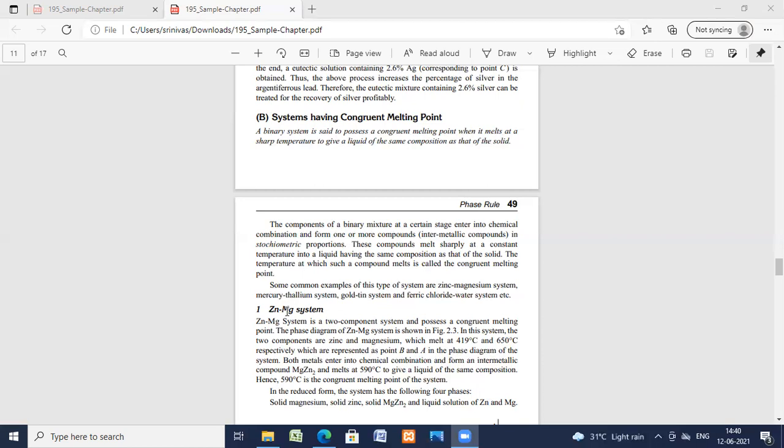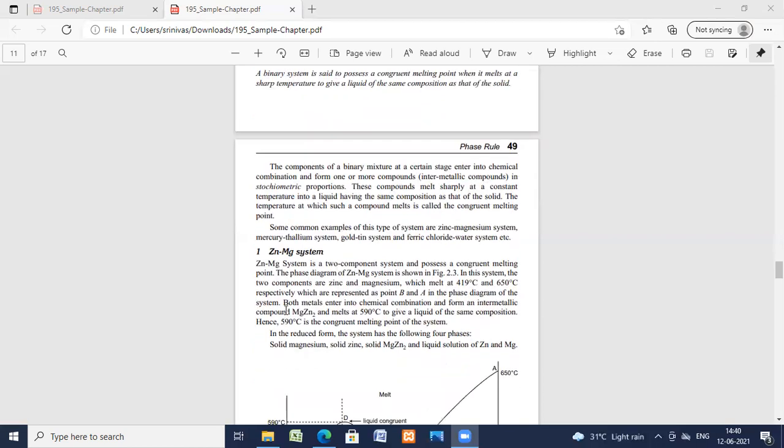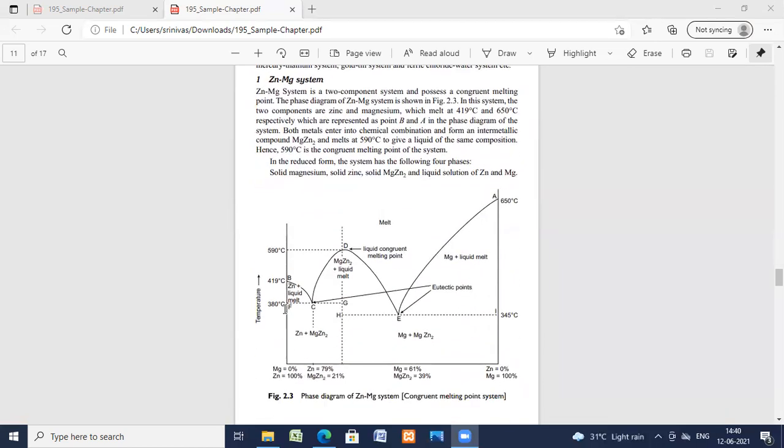Now, we'll have a look at the zinc magnesium system. It is a two component system that possesses congruent melting points. The phase diagram of the zinc magnesium system is shown in the diagram.